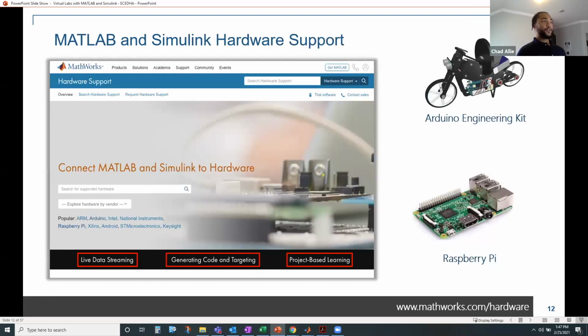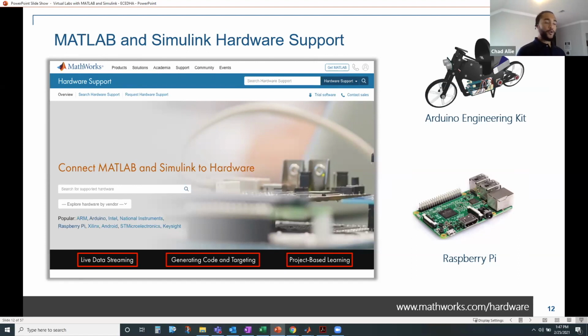Now, again, your smartphone is one thing. However, there are other options for use of hardware. We also work with low-cost hardware such as the Arduino Engineering Kit and Raspberry Pi, but at the same time, we also talk to industrial-level devices and robots. So with that capability of being able to talk to different types of hardware, you can do things such as live data streaming.